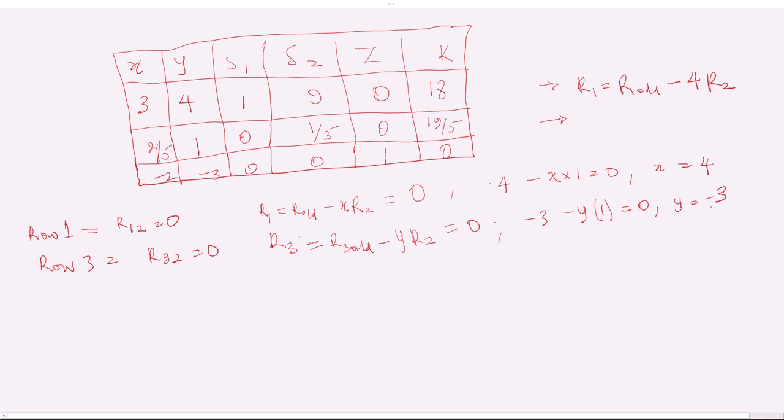So if we go into the relation, the transformation relation will now be according to this. So if we put y to be equals to minus 3, so we have r3 equals to r3 old plus, because y is now minus 3, that's going to be plus 3 r2.